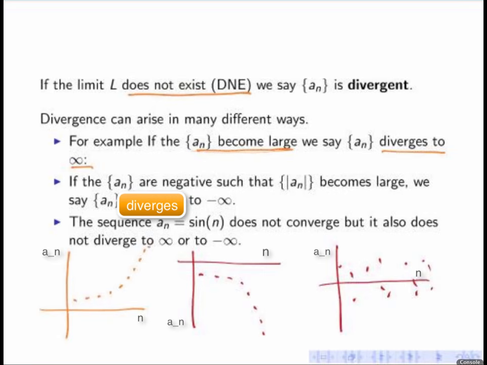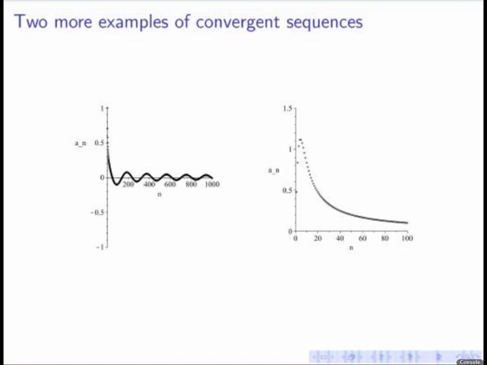So divergence is a tricky thing, and it can arise in many different ways. Let's come back to convergence, and also convergence can be interesting. For example, the sequence here on the left, this is actually a_n equal to n to the minus 1/2 times cosine of n divided by 30. So it's a little bit more complicated formula, but you see 1,000 iterations, and you have a very clear oscillation, which you kind of expect since the cosine is involved, but you do get closer and closer to 0.